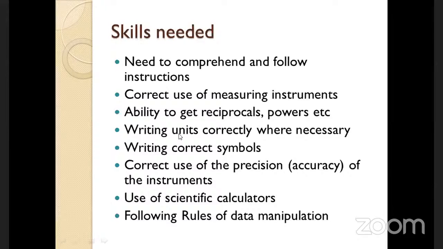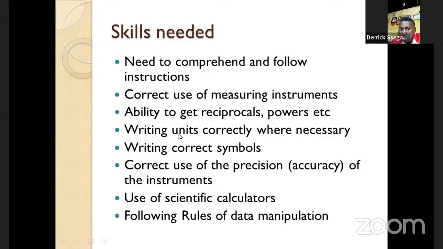We have vernier calipers. Now, when you are using the vernier calipers, the first skill we're concerned with is, do you know how to use vernier calipers? Do you all know how to use vernier calipers? No. Now you can see.